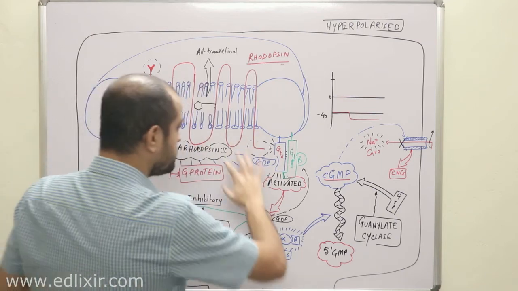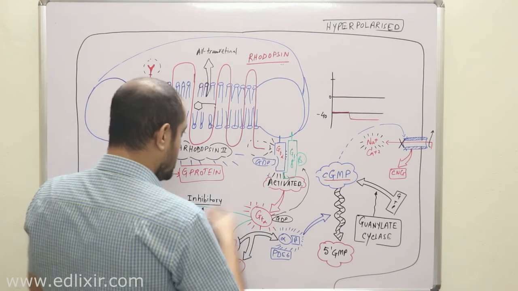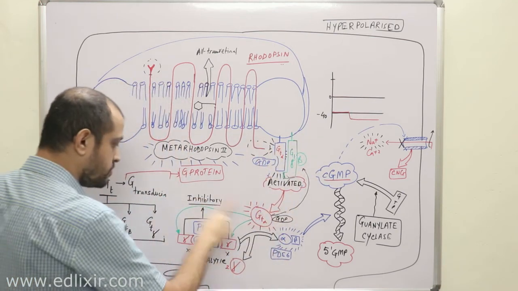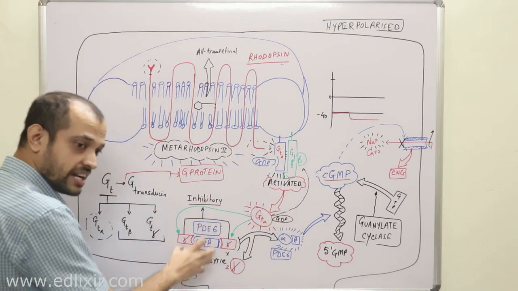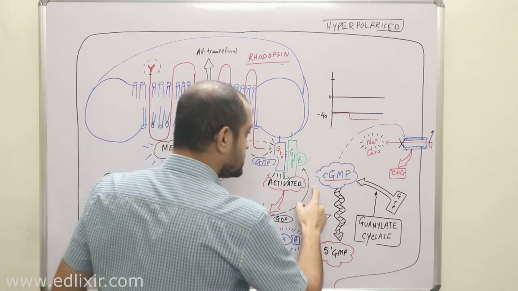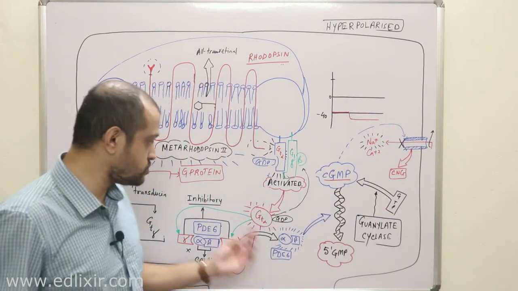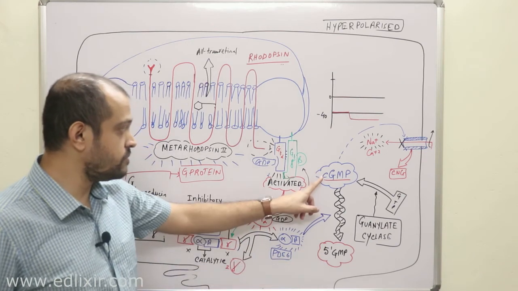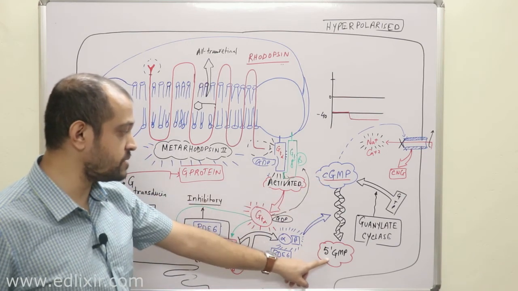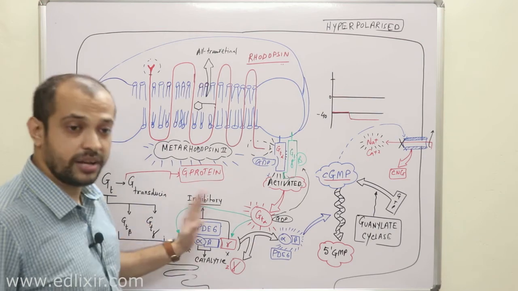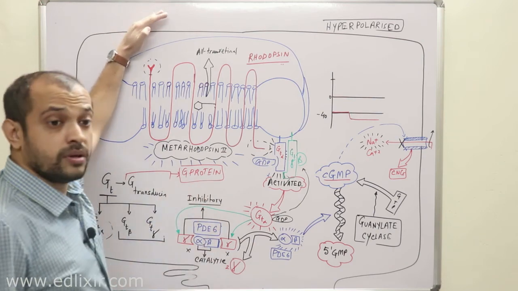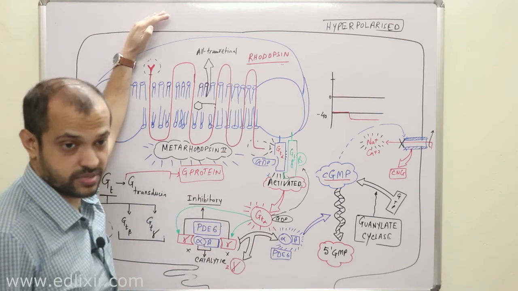If this G protein is inactivated, then phosphodiesterase 6 will be inactivated. Therefore cyclic GMP concentration will increase, and therefore it will sit here. Clear? There is no conversion of cyclic GMP into 5' GMP because PDE6 is inhibited in your dark times.